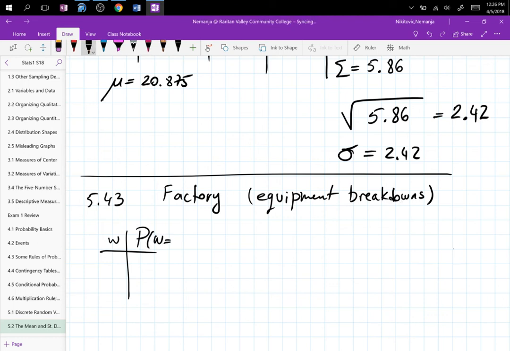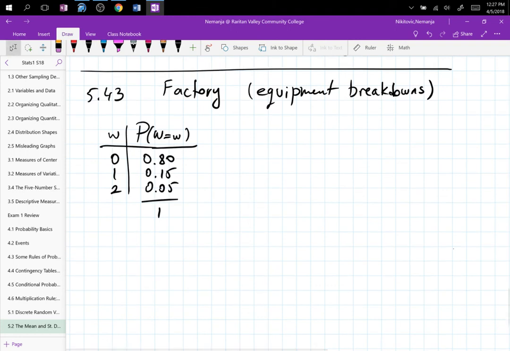P of W equals W. There we go. So 0 breakdowns at 80%, 1 breakdown at 15%, and 2 breakdowns at 0.05%. You better get 1 when you add this, otherwise manager is not doing well. So this is the distribution, right?